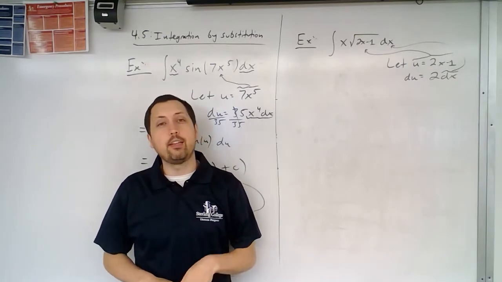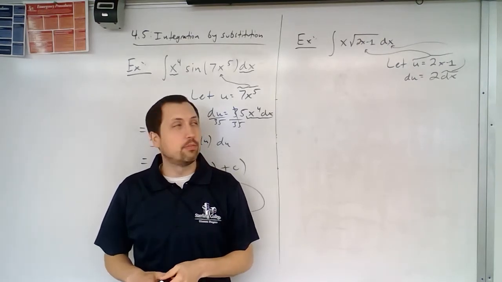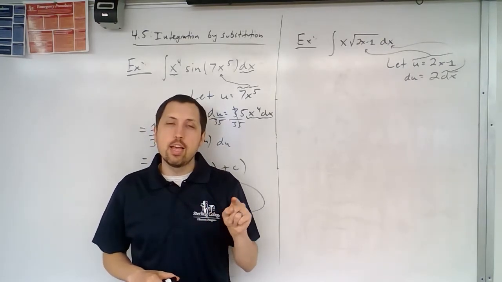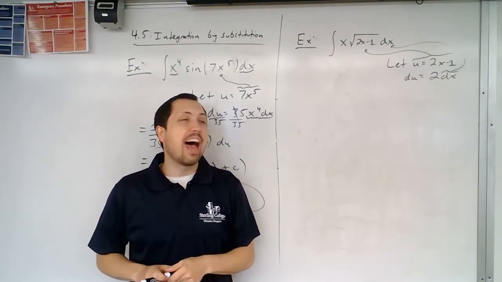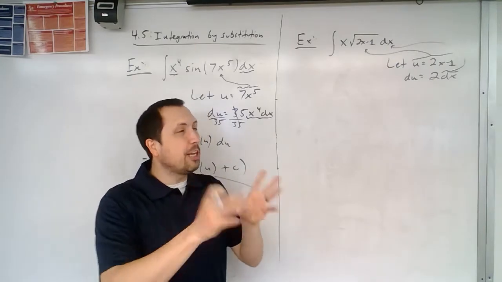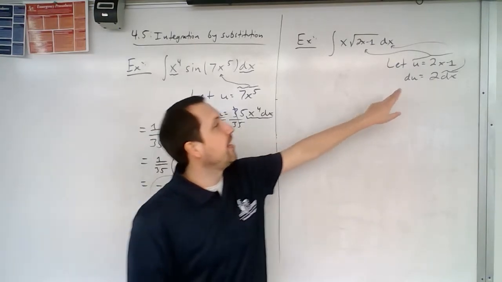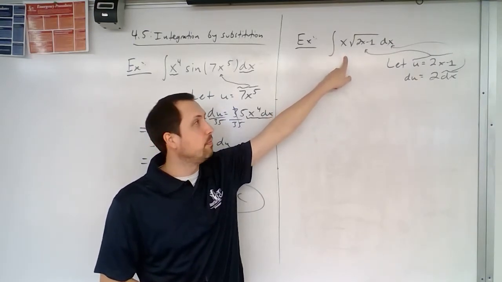So you might be thinking, well, this did not work the way that I wanted it to. But there's a little added step to this style of u substitution. I somewhat like to call it the sassy u substitution because there's just a little bit of sass that we have to throw into figuring out how do I get this x in terms of u.